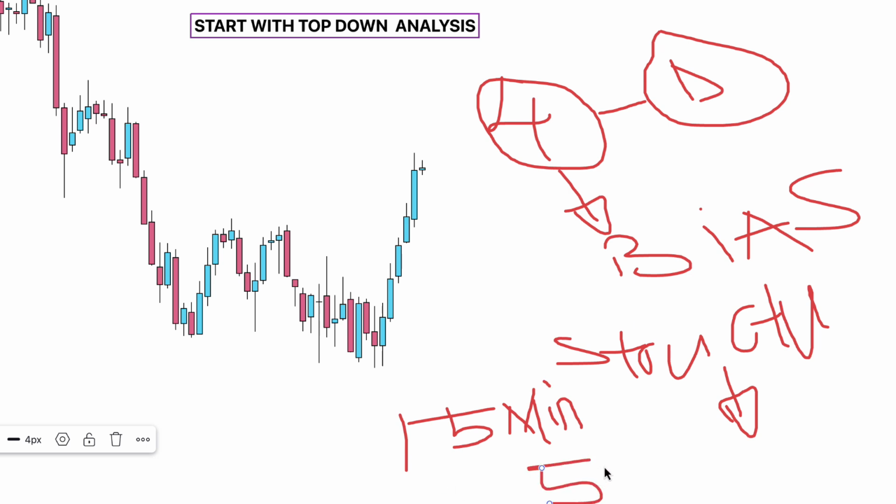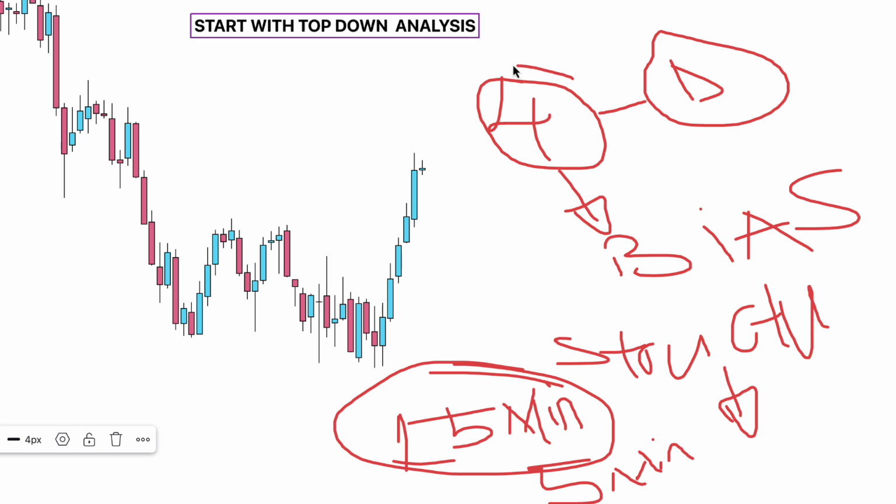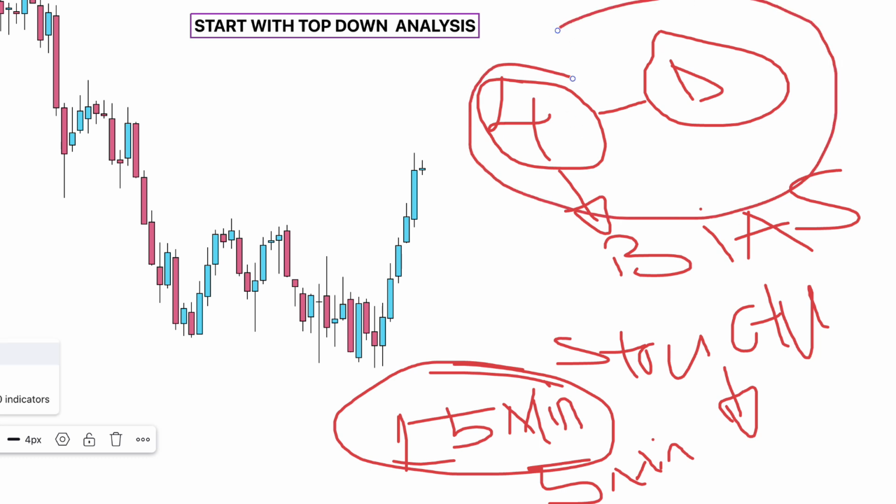So your structure can be done on 15 minutes, and the big boy time frame is the bias time frame. So let's go ahead and do that.